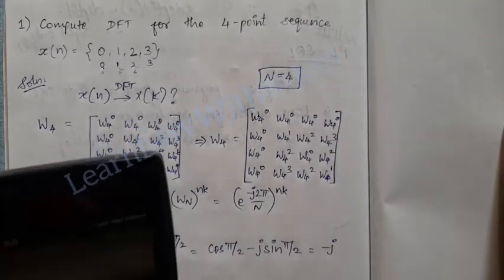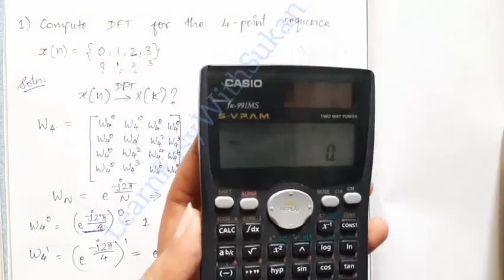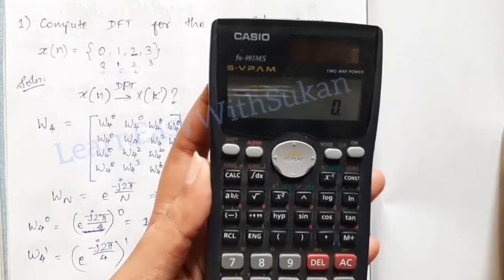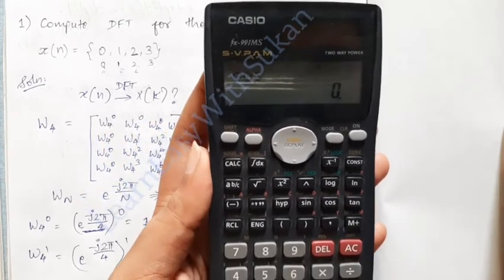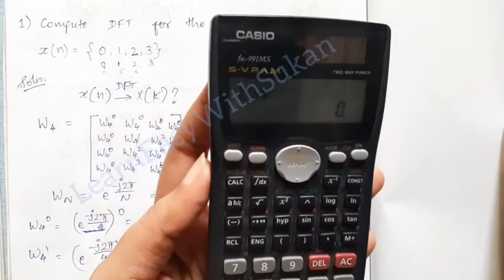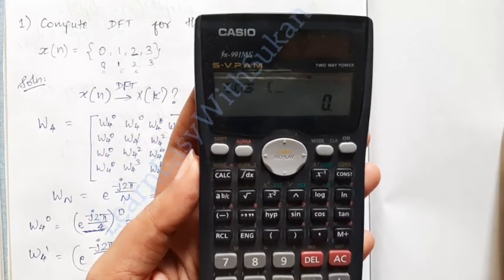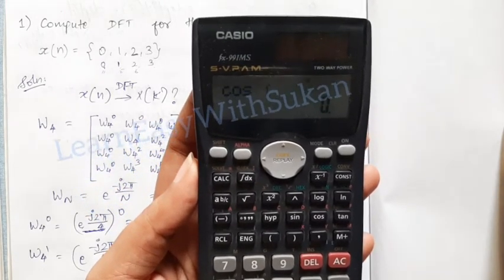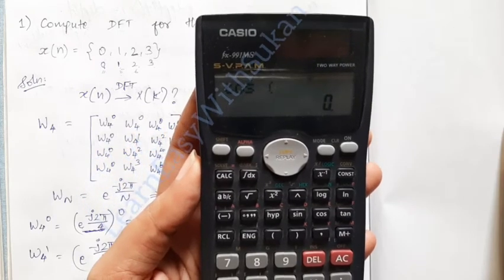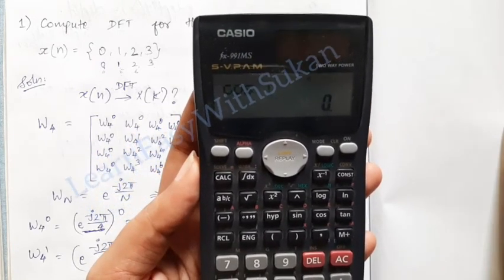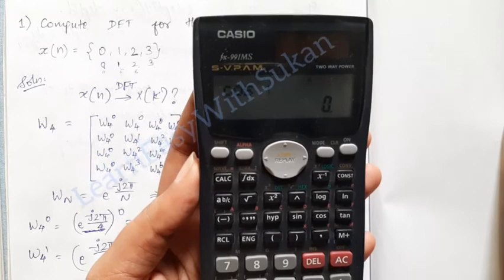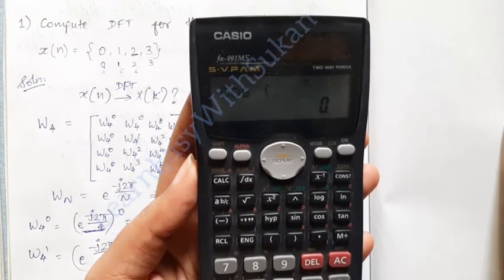For example, cos pi by 2. We need to get the value of cos pi by 2. So give cos, and always have the practice of using the parenthesis, friends. So I am using the parenthesis. Sometimes you may get a different answer because here it will not know the sequence. So it may treat it as cos pi the whole divided by 2.